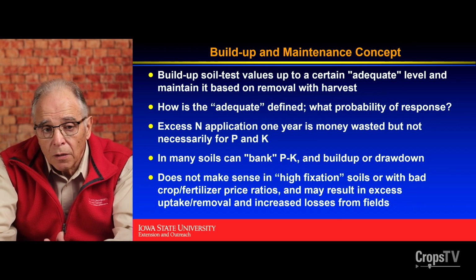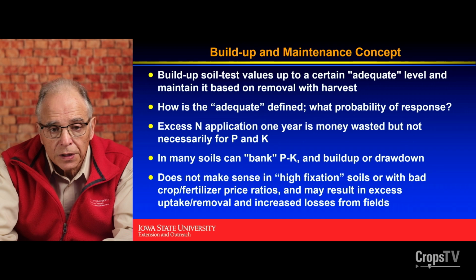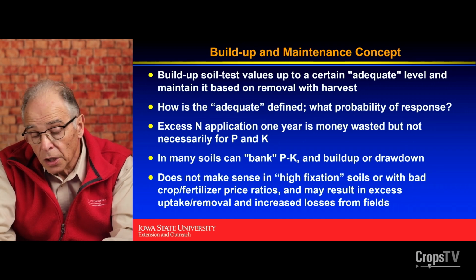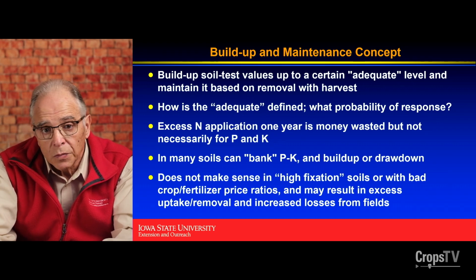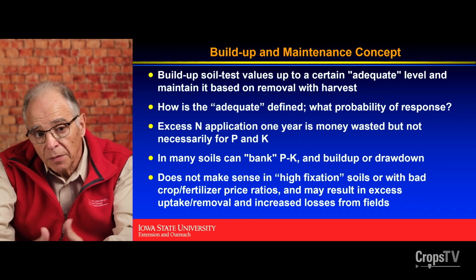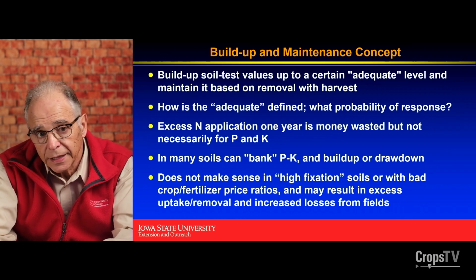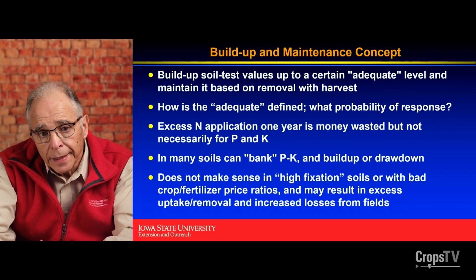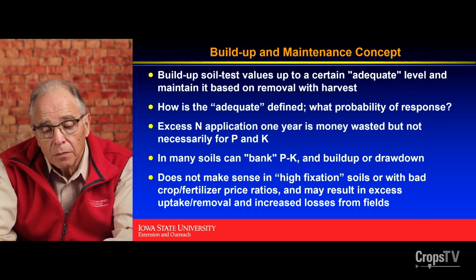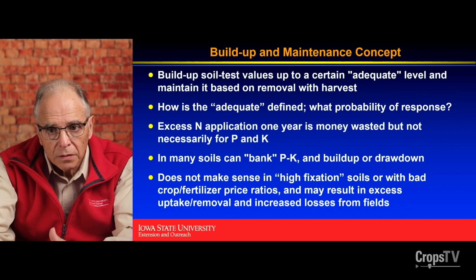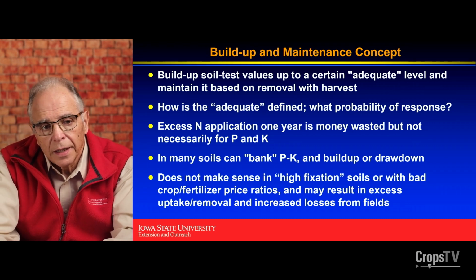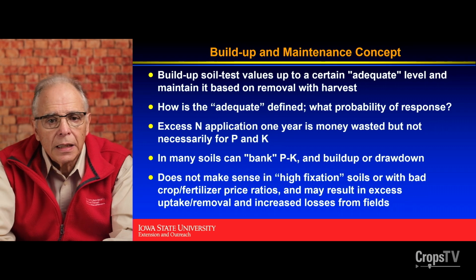What is adequate is that you have a sufficient level high enough that is not excessive, that you essentially eliminate any chance of response, or you want to maintain a level that maybe you have a 4 or 5% response. What is it? So this method grew up from states where soils really can bank P and K. Okay, you can build up or you can draw down, which are many of the soils in Iowa, Illinois, Indiana.